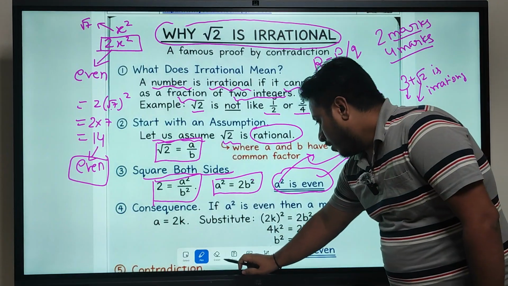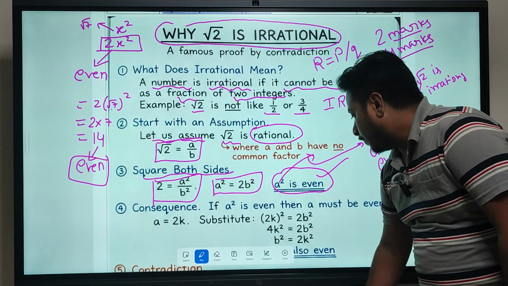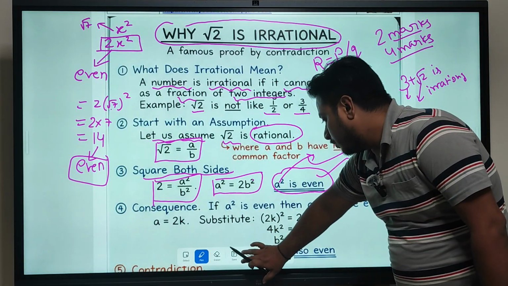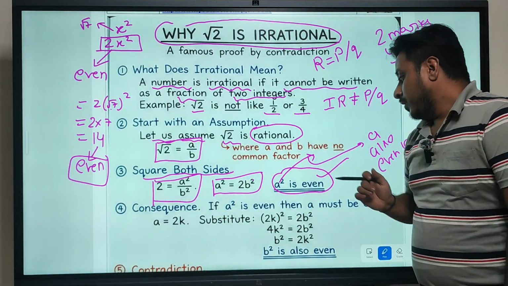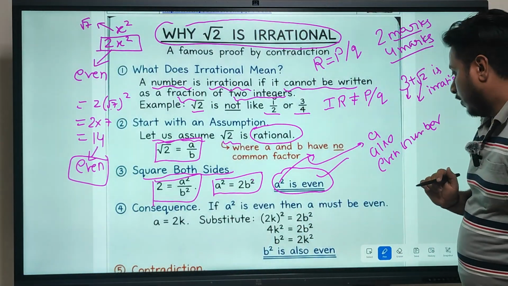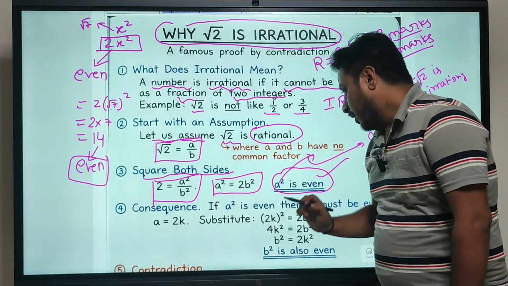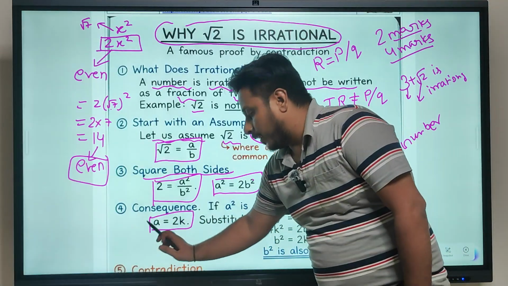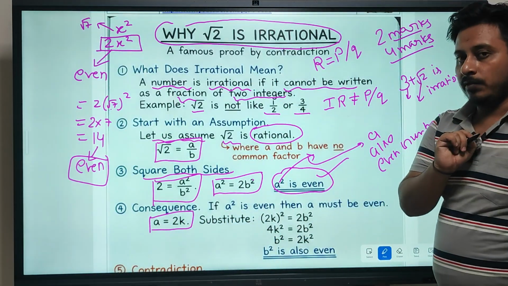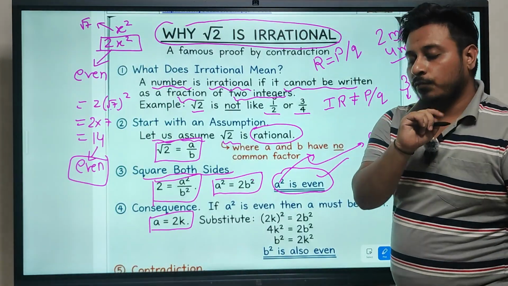Now, as I proved that a square is even, we are able to write a is a multiple of 2.